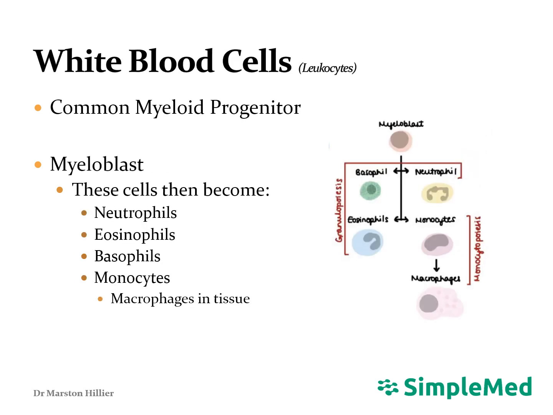The final cell that the common myeloid progenitor can turn into is called a myeloblast. Myeloblasts are interesting cells which can become any of what are known as the granulocytes. Granulocytes refer to white blood cells which, when viewed under a microscope, have small granules or storage blebs within their cell cytoplasm. These, when stained, often stain very dark.